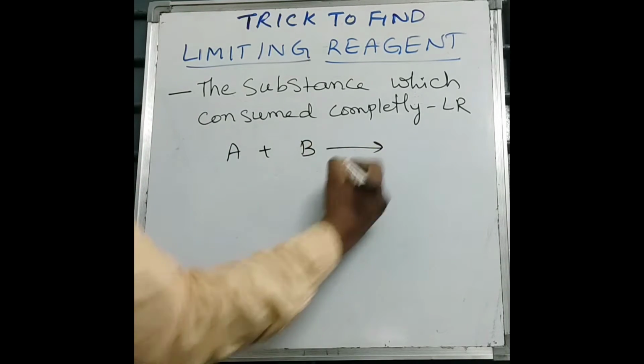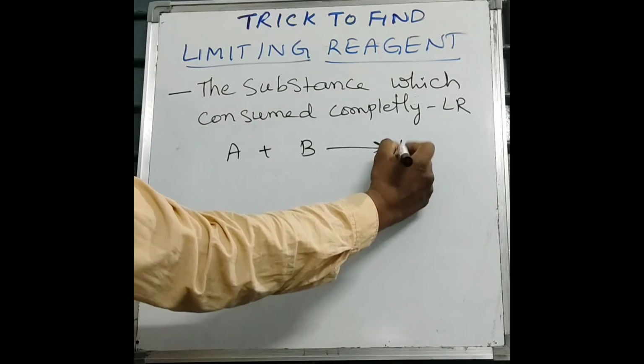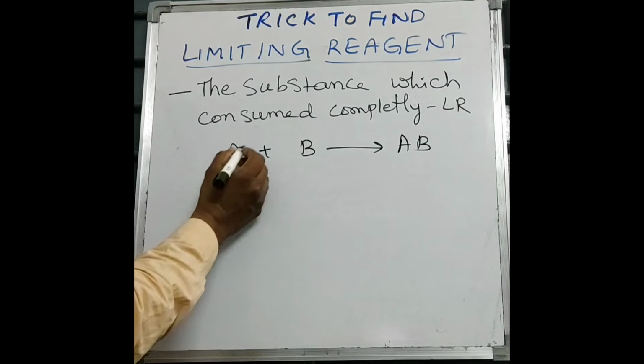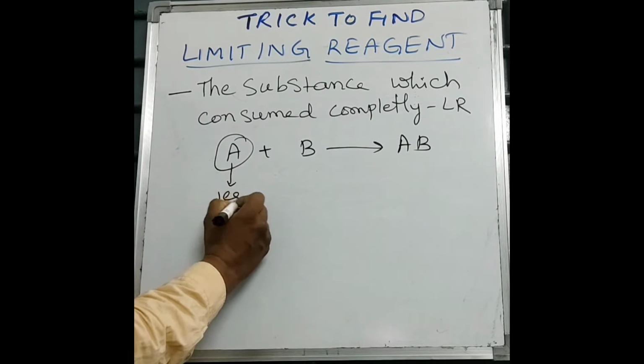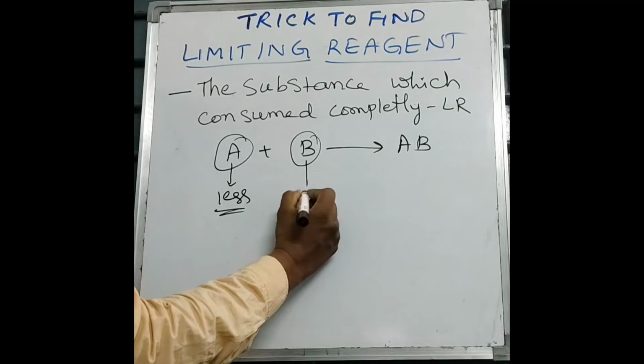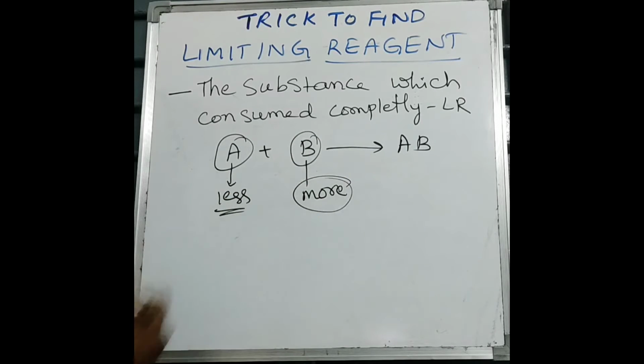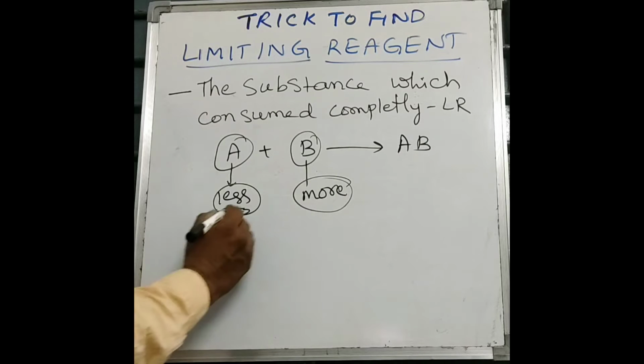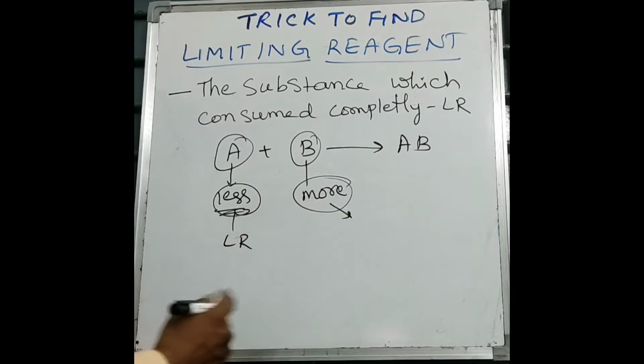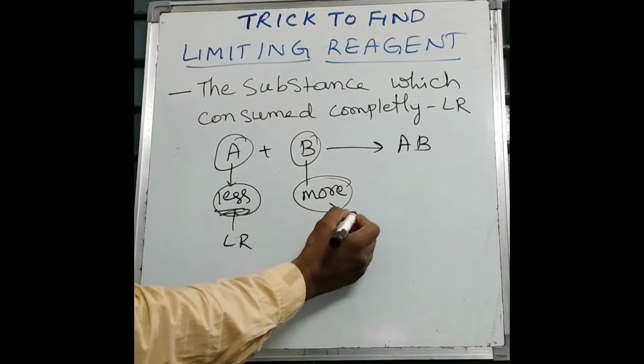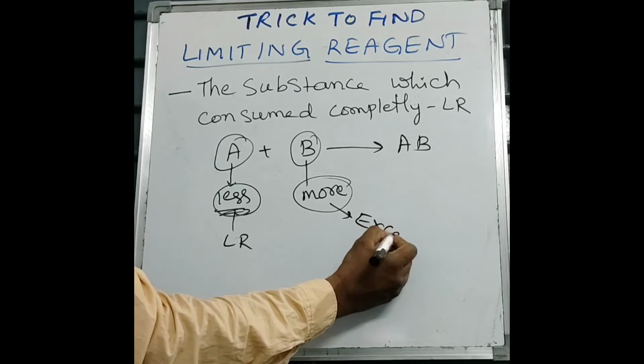If two reactants are there that form a product, say for example, one is less in amount and the other is more in amount. Because it is less in amount, it is a limiting reagent. Which is more in amount, that is an excess reagent.